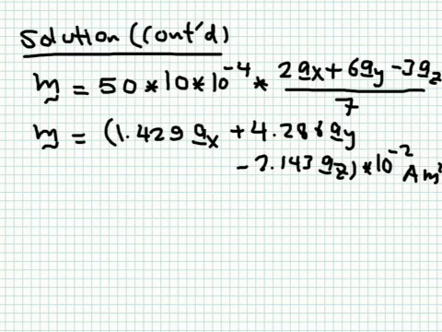If you simplify everything and multiply, you get 1.429 in the x direction, 4.286 in the y direction, minus 2.143 in the z direction, and this is all multiplied by 10 to the minus 3. The unit of the magnetic moment is ampere meter squared because it's the product of current with area. It is current times area in the direction of the unit normal to the loop.